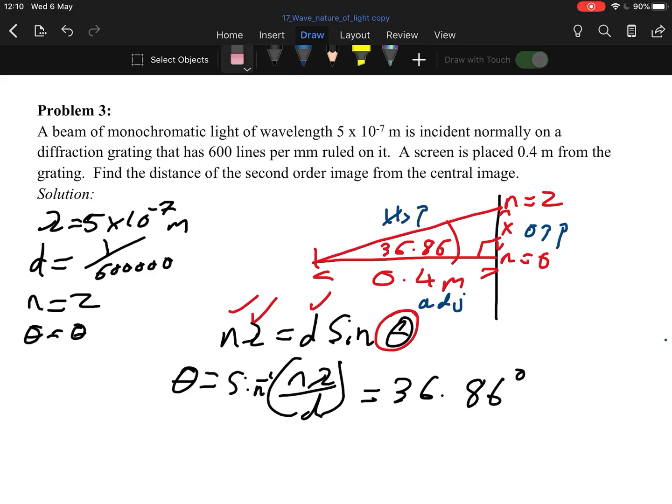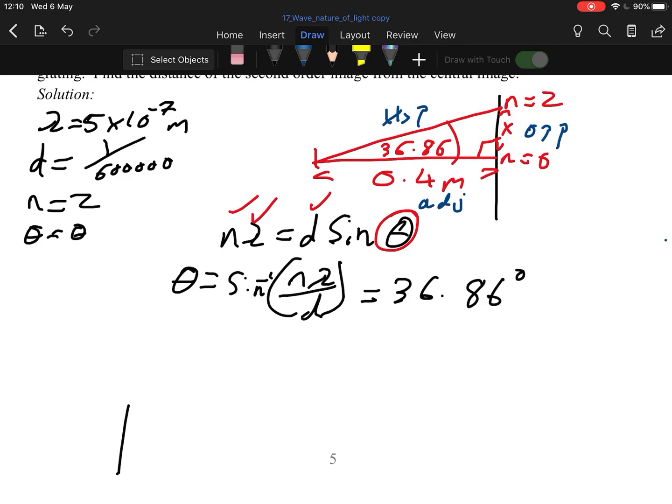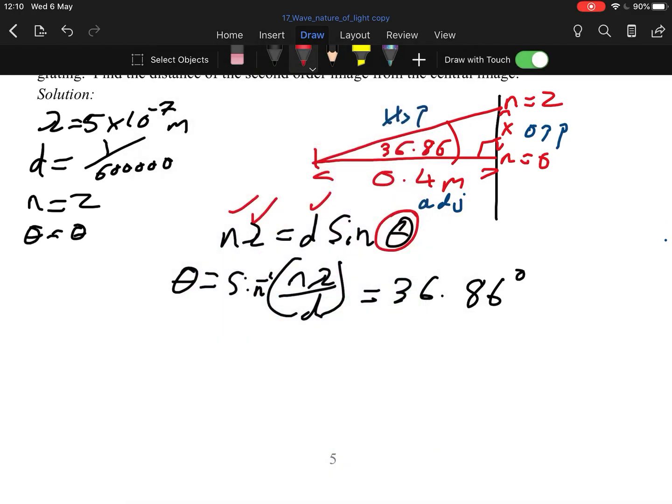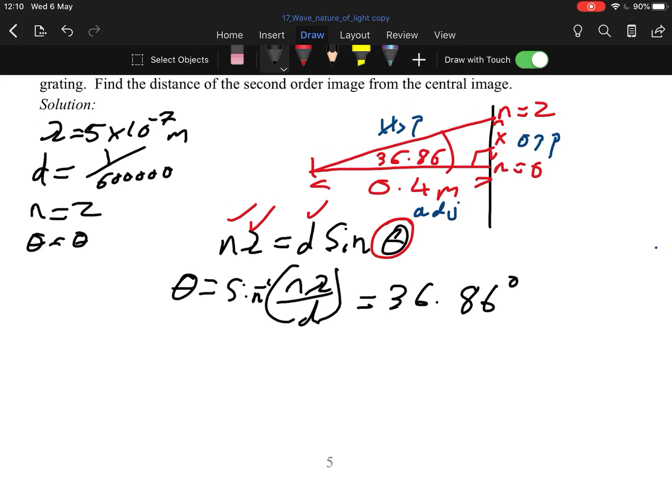This is our hypotenuse. Now, some people, I don't know why they do it, go off and find the hypotenuse by using the square of the hypotenuse is equal to the sum of the squares of the other two sides. All right? Fine, but it's a waste of a step. What can we use? We could simply use tan. So you can just simply go tan of the angle equals x over 0.4.